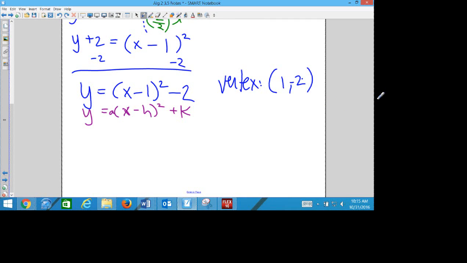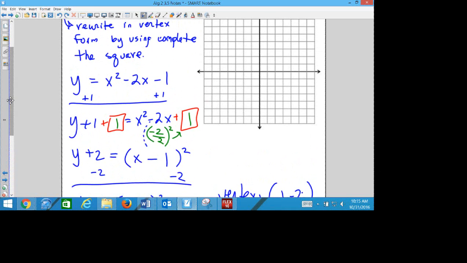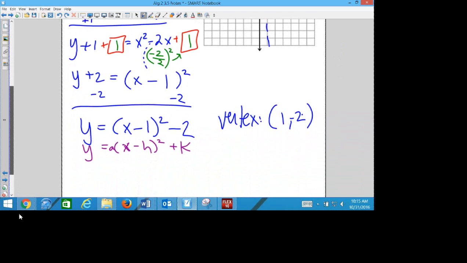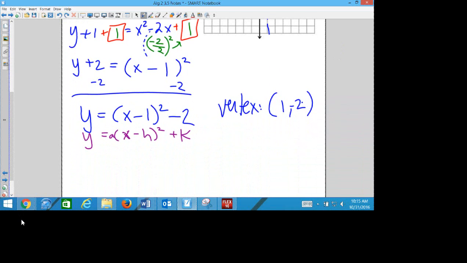So I can go ahead and graph 1, -2 on my graph. That's my vertex, so I know that my AOS is right there. To find other points, is there a stretch? The a value is 1, so there is not a stretch.